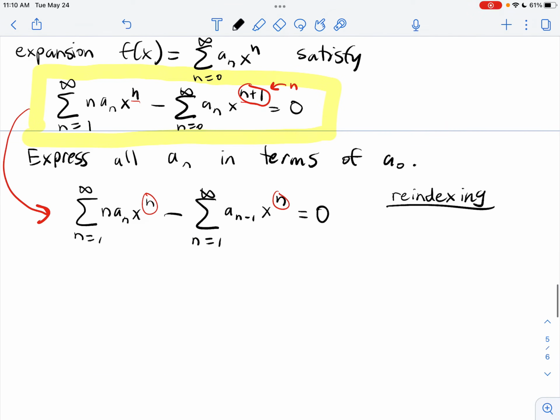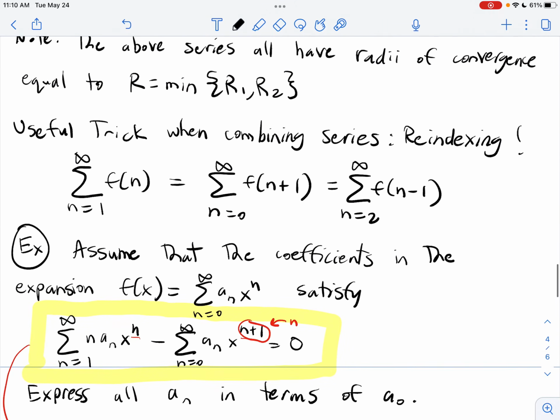So this is now going to be the sum of (n a_n minus a_{n-1}) times x to the n, and that equals 0. So I've now combined the two power series together.